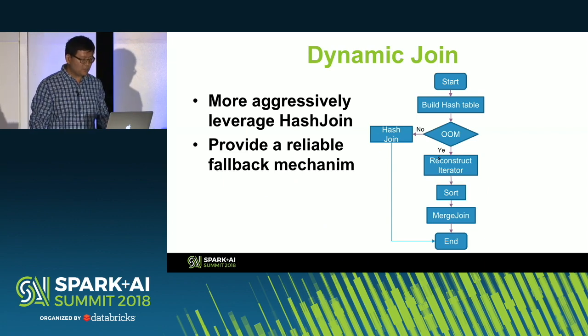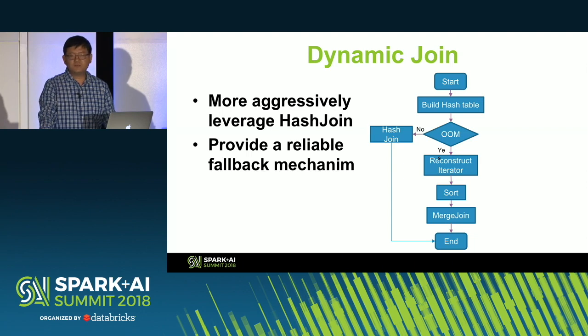In this dynamic join, we choose the join strategy based on stats. For example, if we choose the hash join, but at runtime, when we build the hash map on each partition of table A, sometimes the data cannot fit into memory.